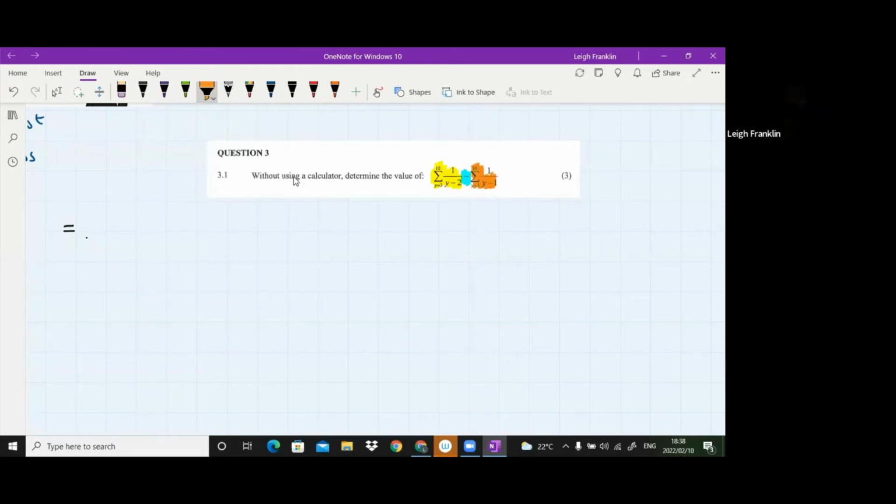So what you've got is a series of terms which have been added together, that's the yellow one, and then we need to minus another series of terms that have also been added together. Does that make sense to you? So this is a difference question. It's asking us to take a sum and minus another sum from it.